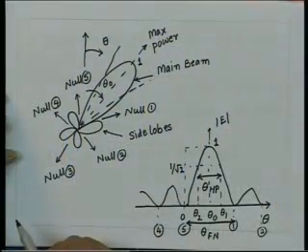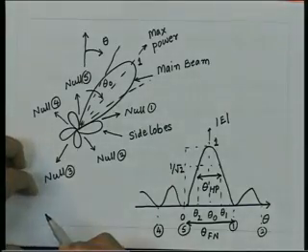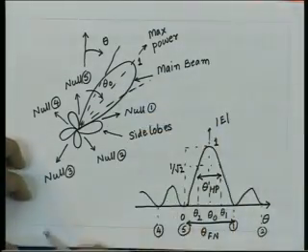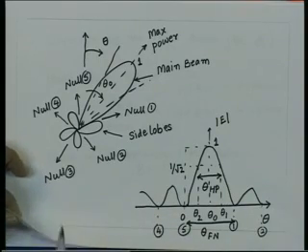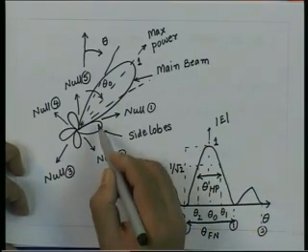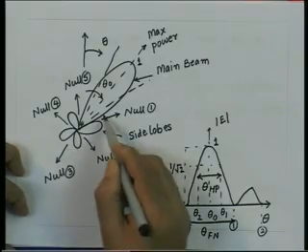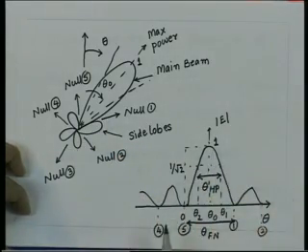So this measure of how much power is going to leak, or what is the amplitude of the side lobe with respect to the main lobe, is a parameter which is a figure of merit for a good directional antenna. So the ratio of this to this. Now the side lobes need not be monotonically decreasing as we go from the maximum direction.